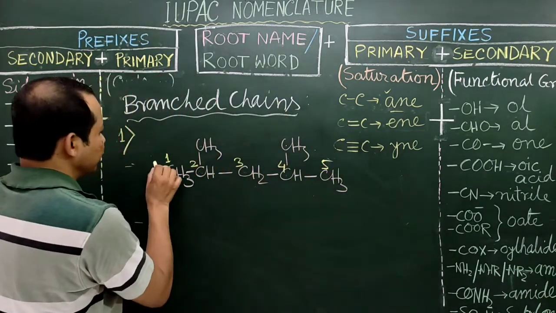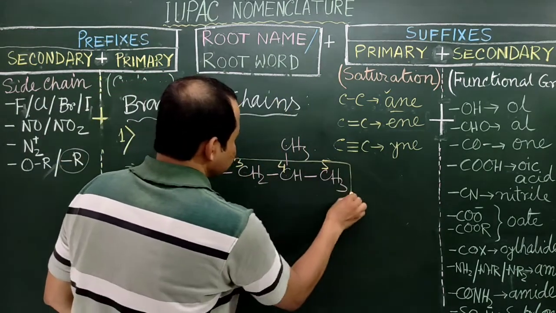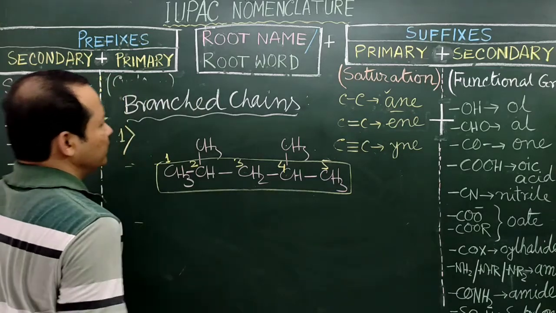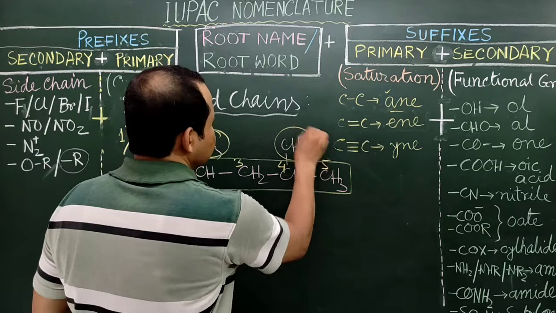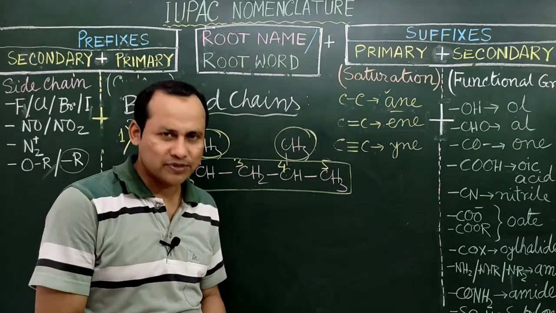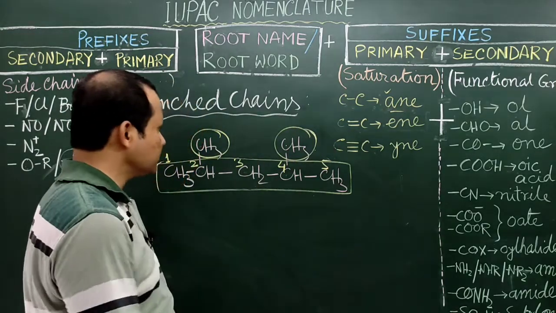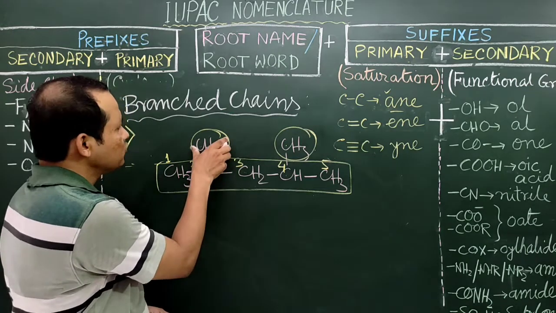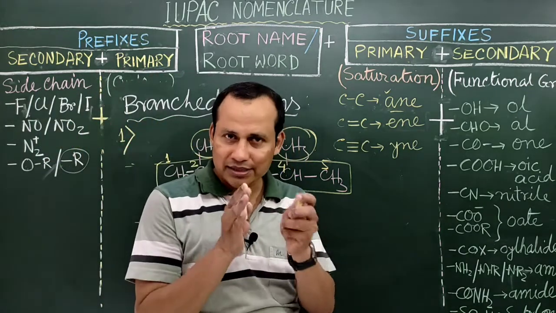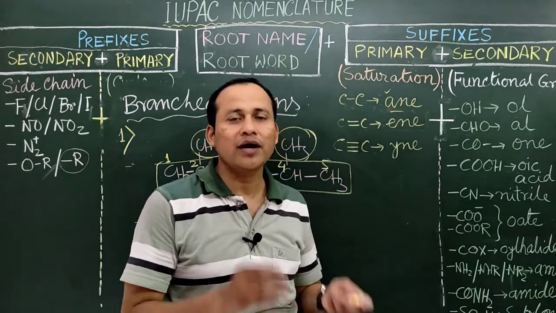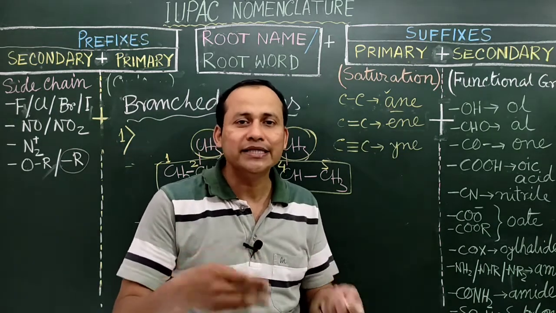Now if this be the case, this is the longest carbon chain, and then this is one side chain, this is one side chain or substituent. Now in this the special thing is that 2 methyl groups are there. If 2 methyl groups are there, this is a little bit different from the previous one. Now we shall see how it is named.